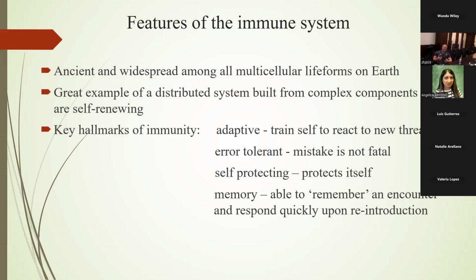The immune system is very error tolerant. A mistake is not fatal, which, if you think about this again from the perspective of the whole organism, we have about 6 billion cells in our body. About half of those cells turn over every day. So every 24 hours, you're having about half the cells in your body being destroyed and then regenerating themselves. That's 3 billion replication events. We talked yesterday about DNA replication, and how for every million bases that you replicate, you usually have about 1 to maybe 2 errors.